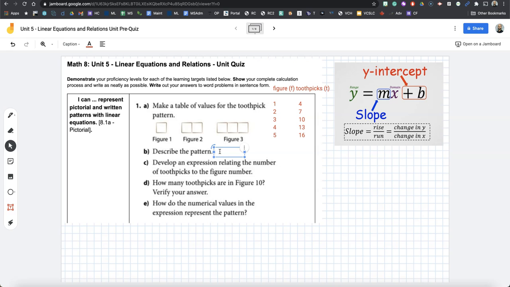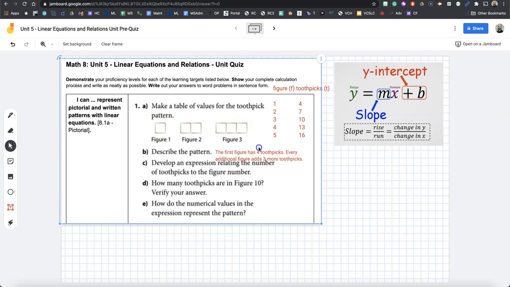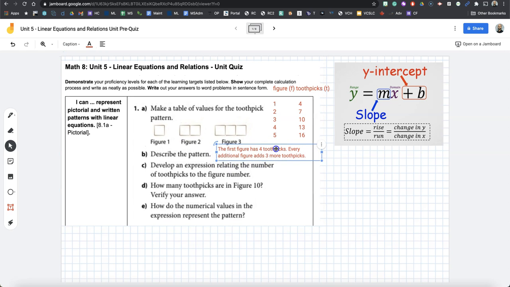So the pattern says that the first figure has 4 toothpicks, and every additional figure adds 3 more toothpicks. Next: develop an expression relating the number of toothpicks to the figure number.